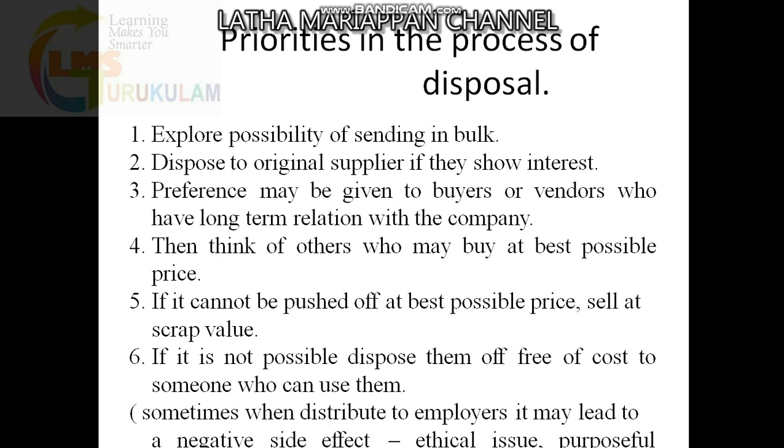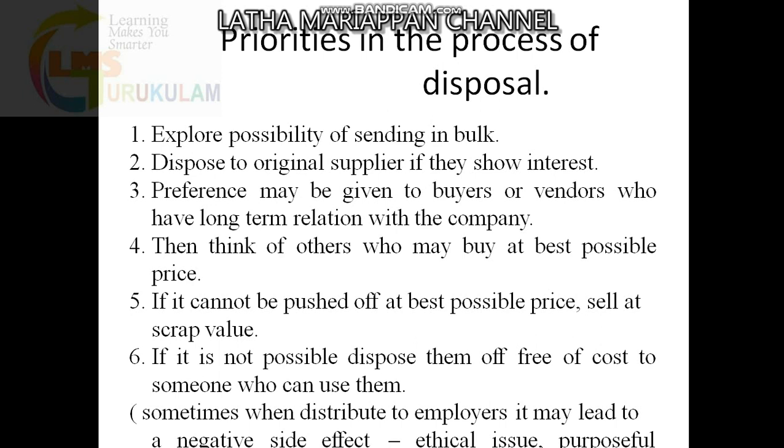The priority in the process of disposal: explore the possibility of sending in bulk, dispose to the original supplier if they show interest, or preference may be given to a buyer or vendor who has a long term relationship with the company. You can return back, you can give back, you can get some amount, okay, if they are interested.